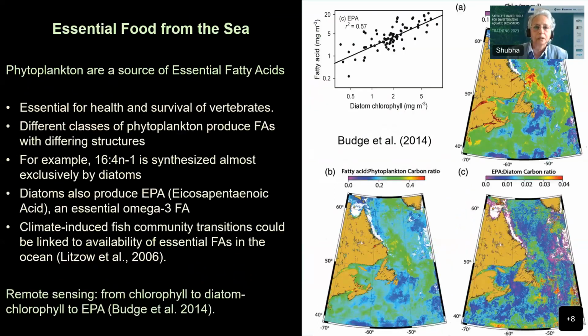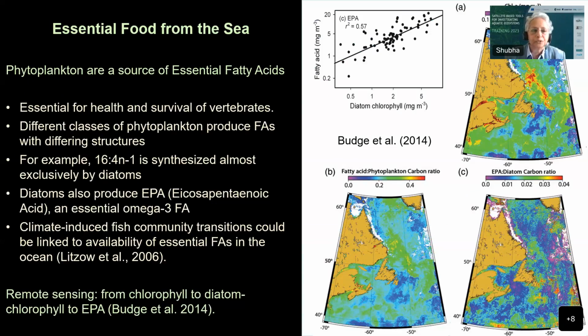Now, I did mention the essential fatty acids. These are considered to be essential, and that's why they're called essential fatty acids, for health and survival of vertebrates. Different classes of phytoplankton produce different types of these fatty acids.